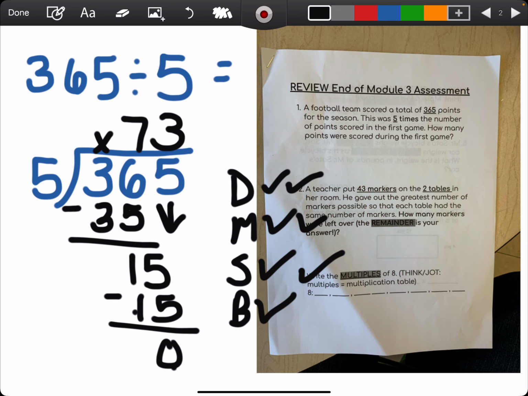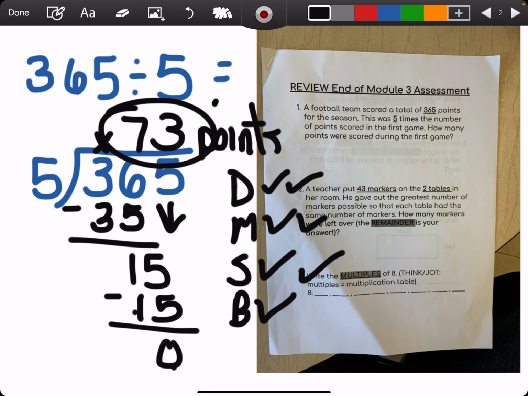I can't bring down anything, so I am done. So my quotient is 73. How many points were scored in the first game? 73. Write out your units. 73 points. All right, so if you need to pause it, go over your work, see where you made a mistake, you could do that right now.